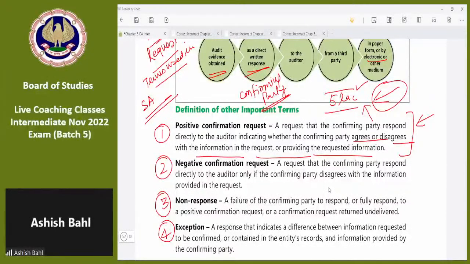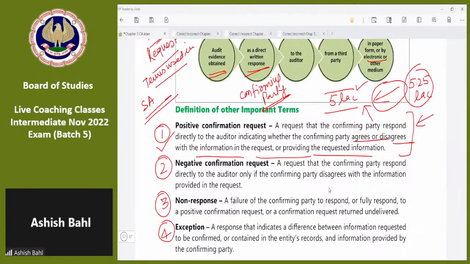If it says no, my balance is not 5 lakh, but it is 5.25 lakh, even then it is a positive confirmation request, because the confirming party agrees or disagrees with the information in the request.